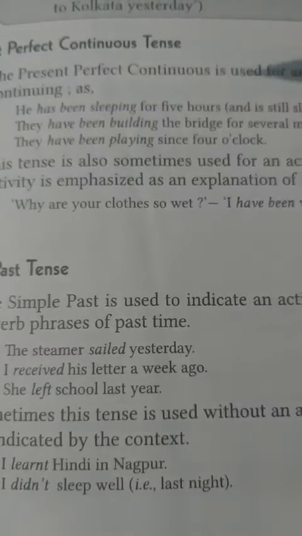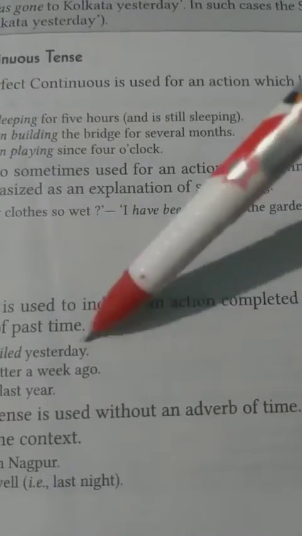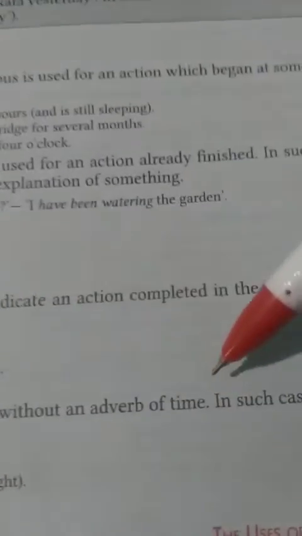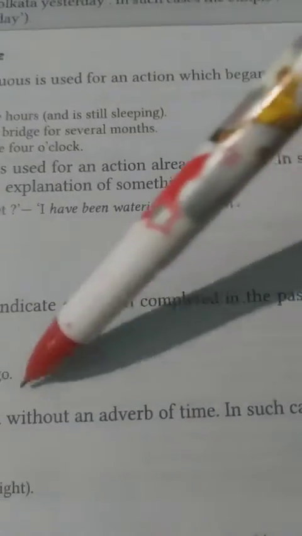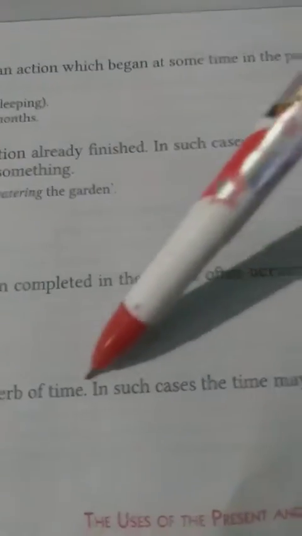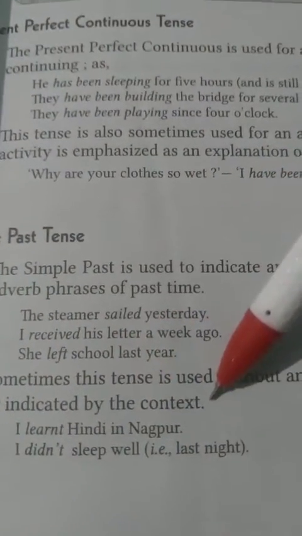So one verb is added with the subject I. Here we did not say I went yesterday or I went in the morning. So without an adverb of time also we can use simple past tense. In such cases the time may be either implied or indicated by the context.